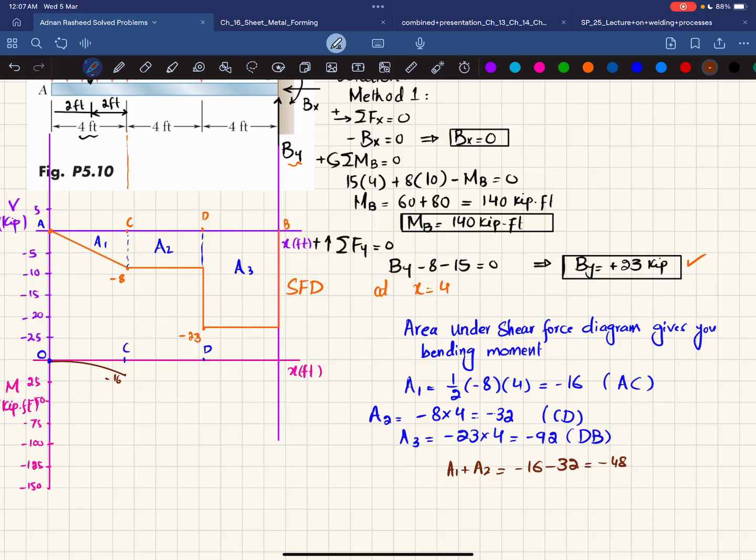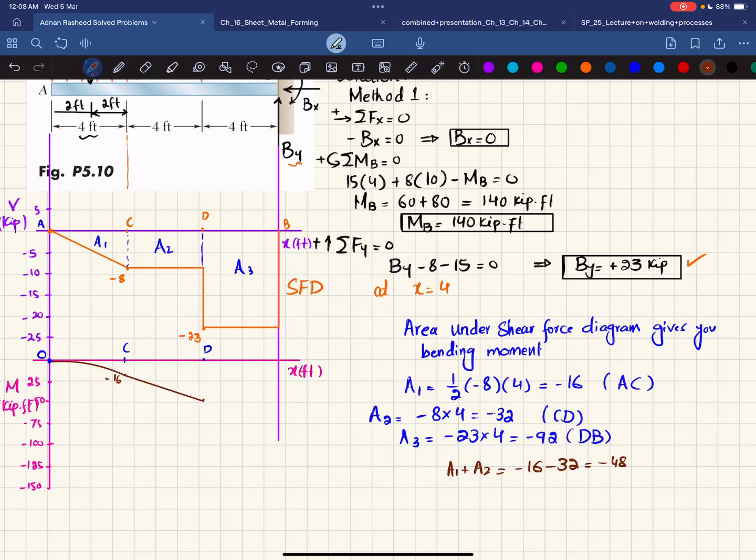So we will plot minus 48. Let's say minus 48 is this point. Again, you can see that shear force is a 0 degree line with a negative area. So bending moment will be a straight line, but the slope will be decreasing. So we will join these 2 points using a straight line.